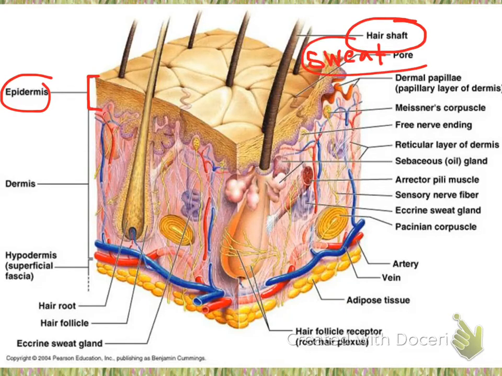Another structure is called the sweat pore, which is the opening where the sweat actually comes out of the skin. And the last structure is the sweat duct, which is a tube that leads from the sweat gland to the sweat pore. And that tube is where the sweat comes out of the skin. So those are the three structures that are found in the epidermis.